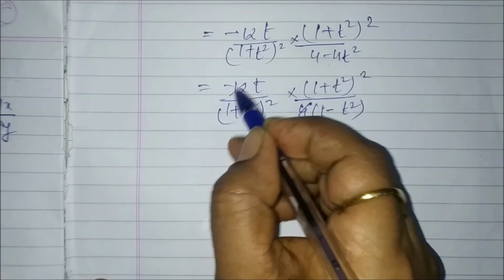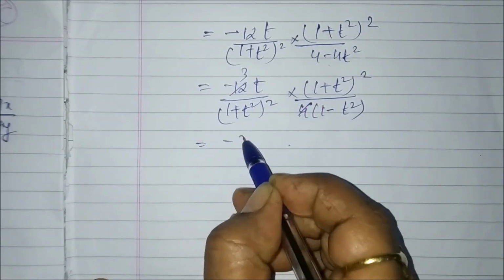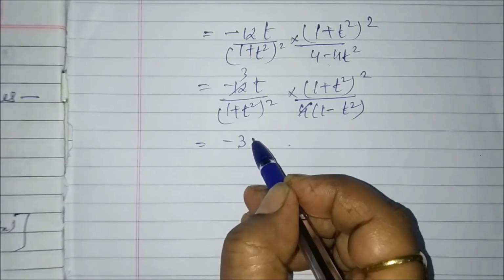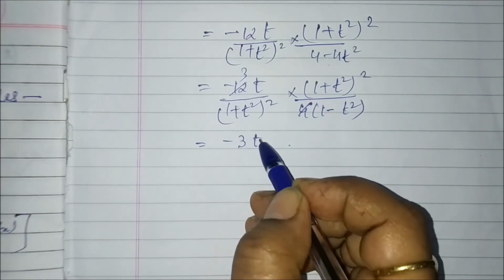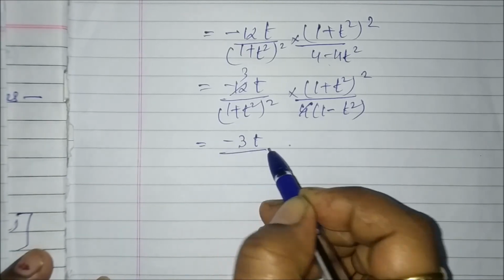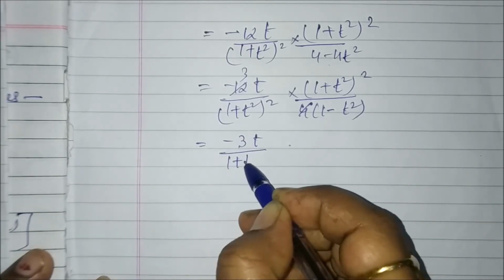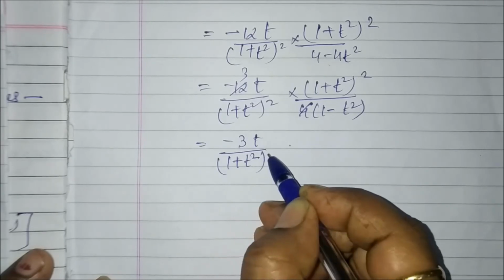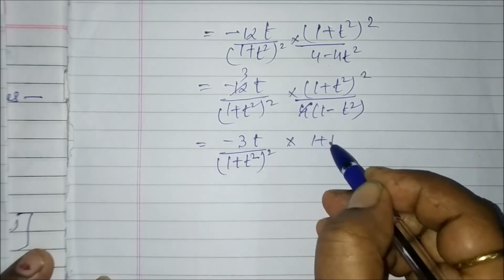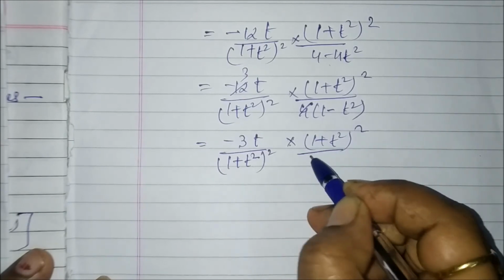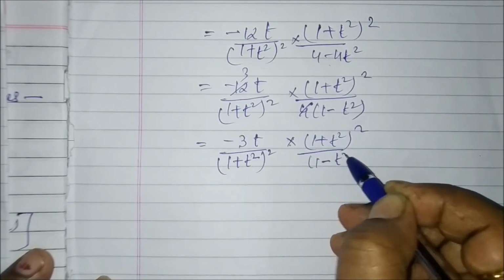Now 4 and 3, we get minus 3 t upon 1 plus t square, and 1 plus t square whole square upon 1 minus t square.